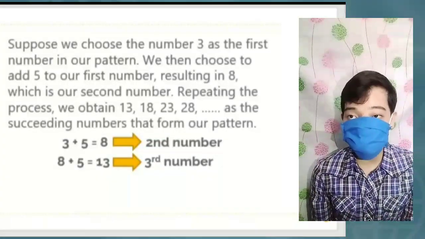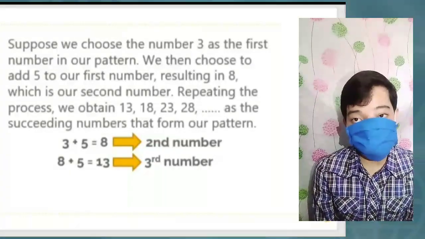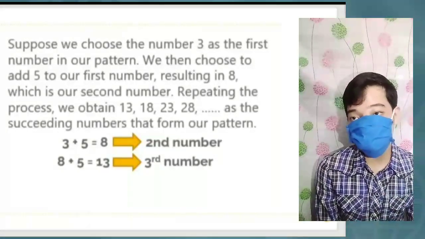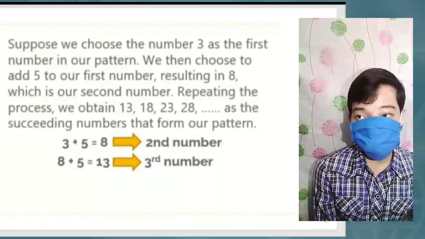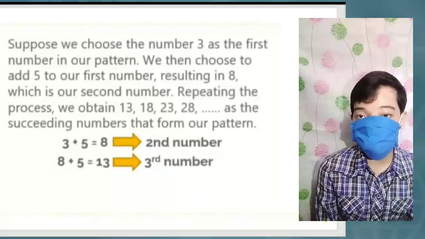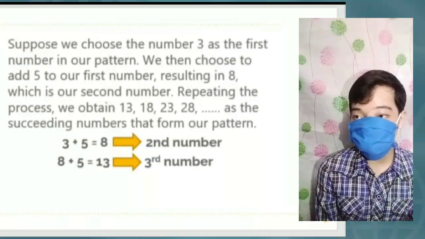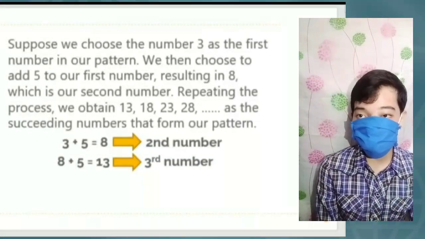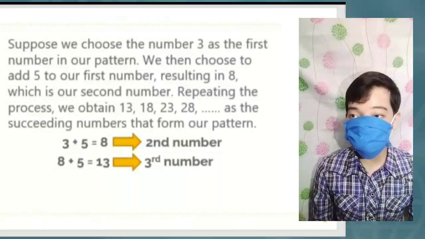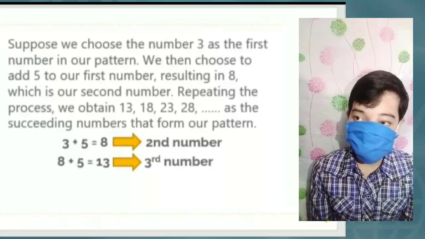As we can see here, we have 5. Based on the explanation earlier, for example, we choose the number 3. We add the number 5, and we have the result of 8.